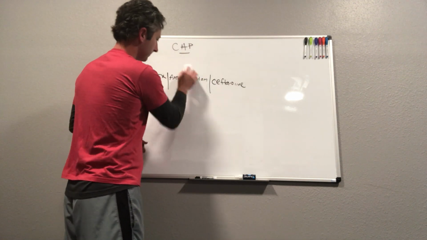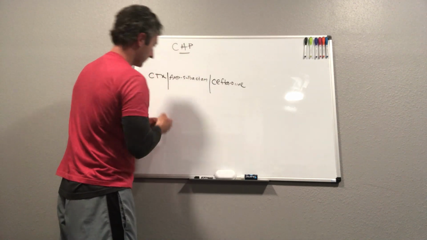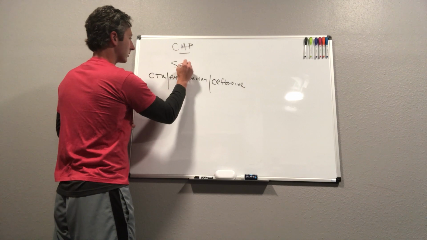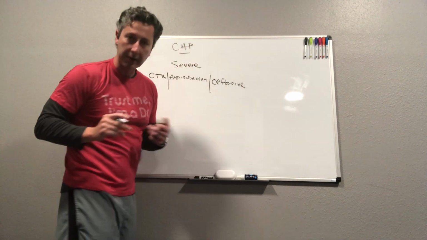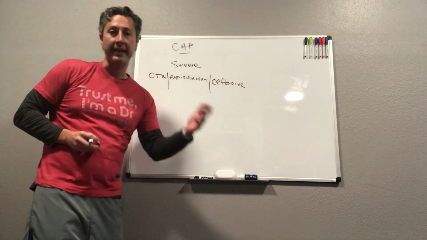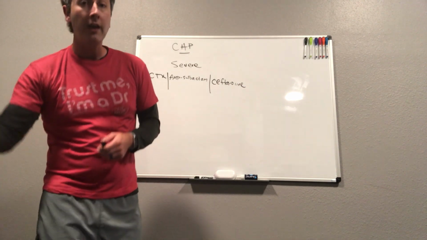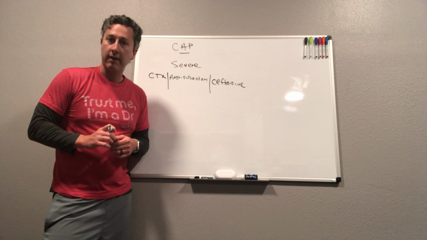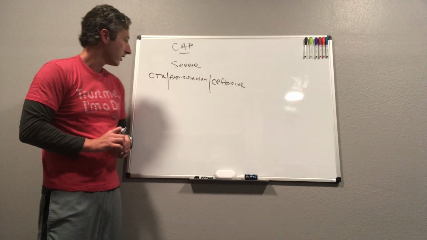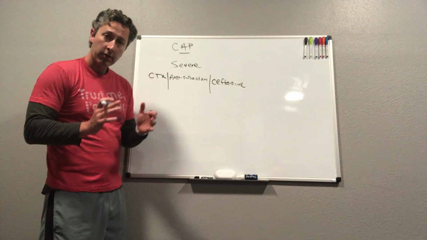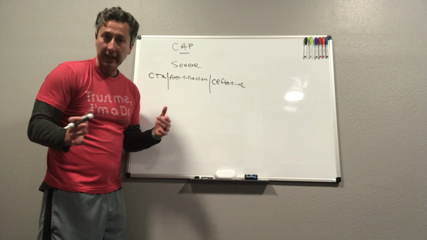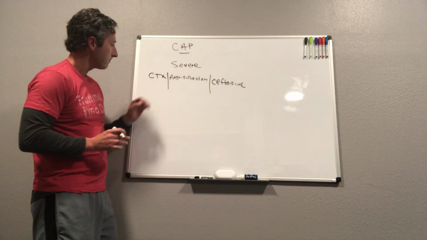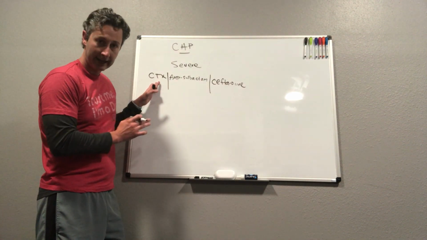What about severe? So if I have severe community-acquired pneumonia, so I'm either mechanically ventilated, I'm in septic shock, or I meet 3 or more of those minor criteria that we talked about, then our treatment options are kind of the same, but there's a little bit of a difference, okay? So I still want to do a beta-lactam as my base.